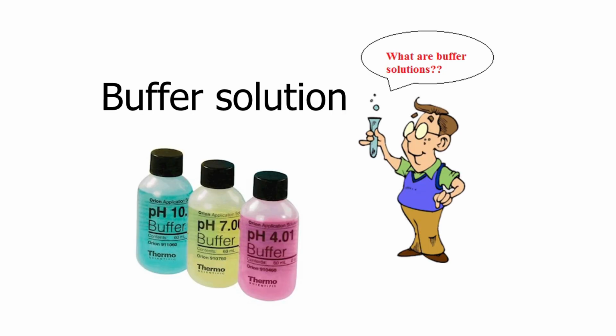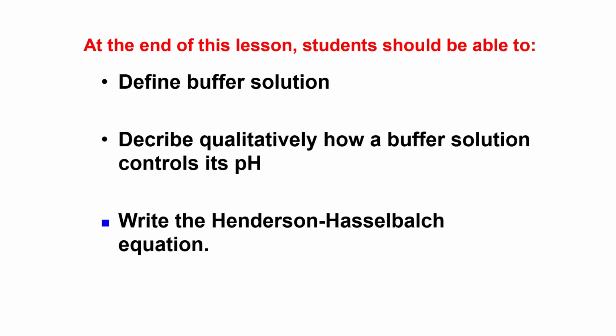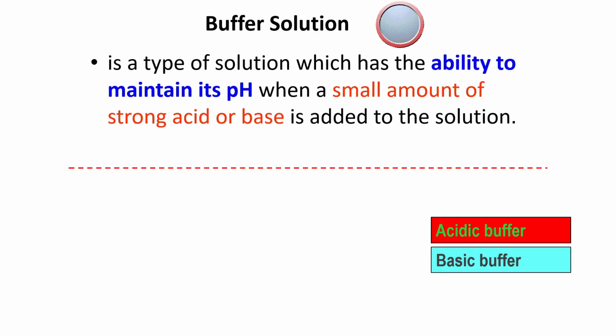Buffer solution. What are buffer solutions? Let's check it out. Alright, so at the end of this lesson, you should be able to define buffer solution, describe qualitatively how a buffer solution controls its pH, and write Henderson-Hasselbalch equation. Okay, apakah dia buffer solution?